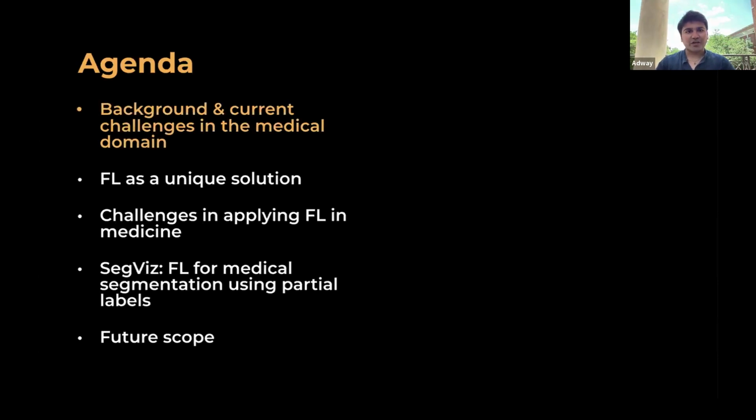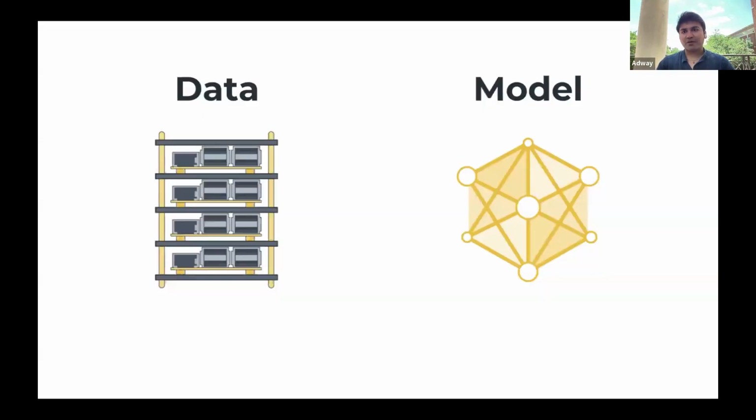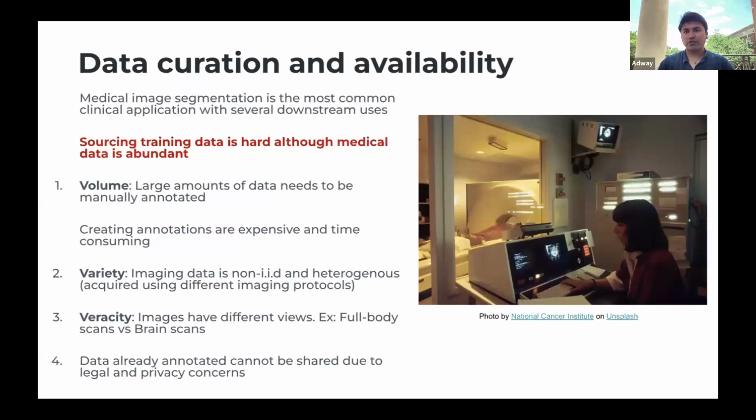All right, so to start off, let's talk about the two big pillars of deep learning, which are data and models. This is very crucial in the medical setting, where data curation and availability is a big concern. I'll be talking specifically today about medical image segmentation, because that is the most common clinical application, and in most medical applications it has several downstream cases as well.